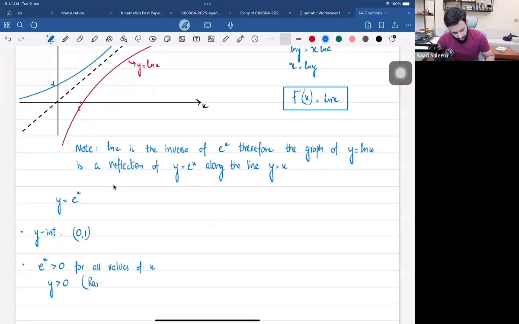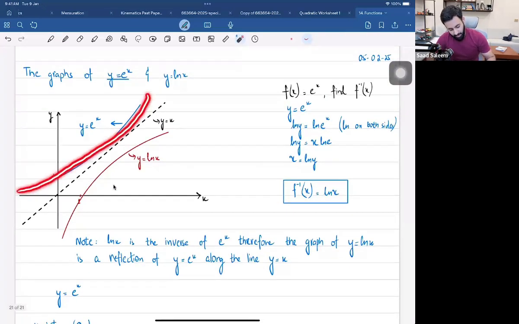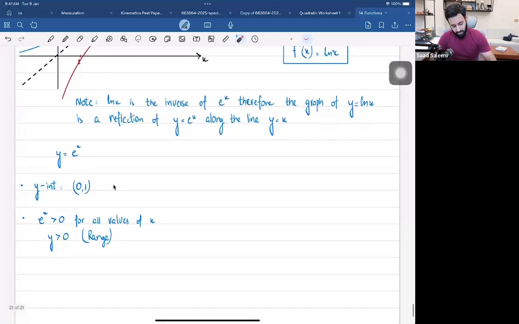If you look at all the y values, you will notice that they're greater than 0. As x keeps on getting smaller and smaller, the graph keeps getting closer and closer to the x-axis, but it's never going to touch, let alone cut the x-axis. So e power x is greater than 0 for all values of x.